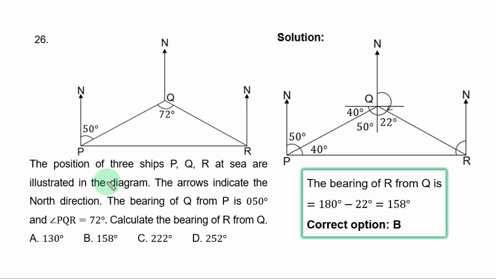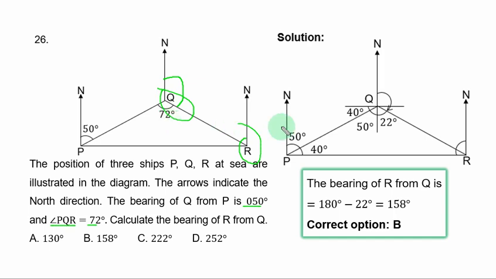The bearing of Q from P is 050 degrees, and angle PQR is equal to 72 degrees. Calculate the bearing of R from Q. Bearing of R from Q, that is from this point to this point.